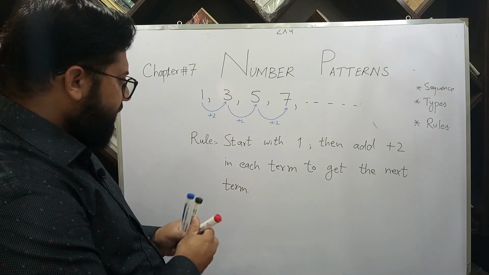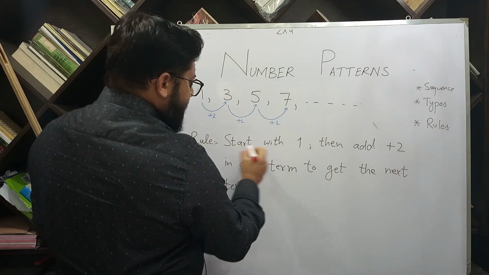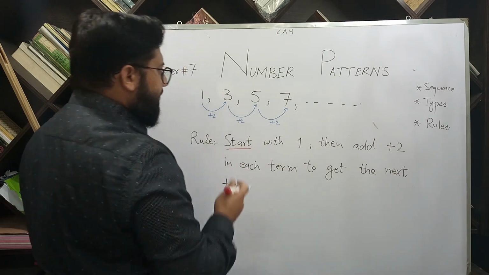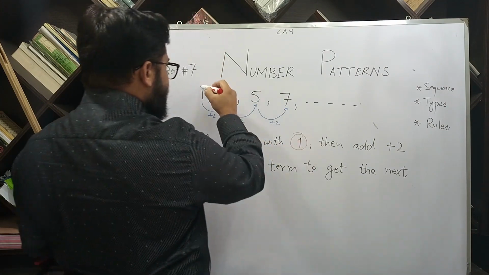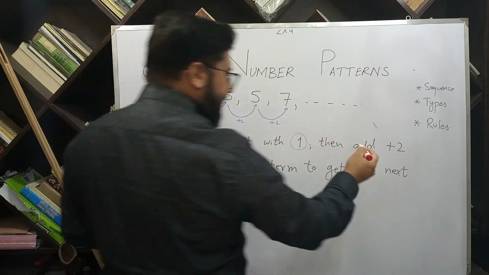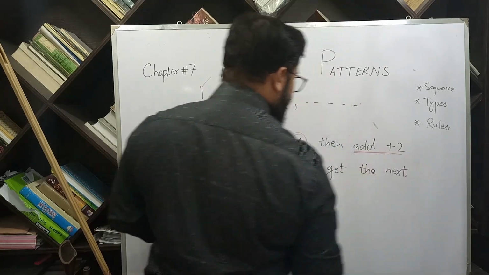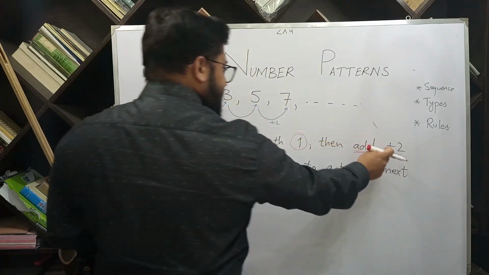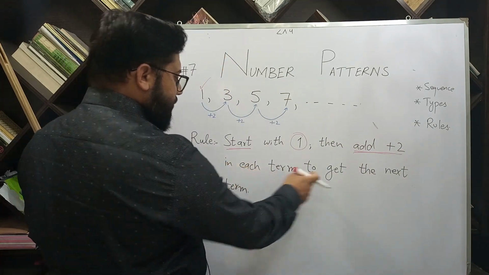In a rule, what we should understand all the time is that we always write start with, that is, where the sequence has started. Start with T1, whatever T1 is, then add, subtract, multiply or divide by a certain number in each term to get the next term.